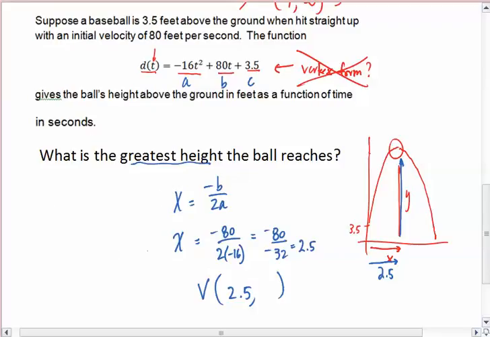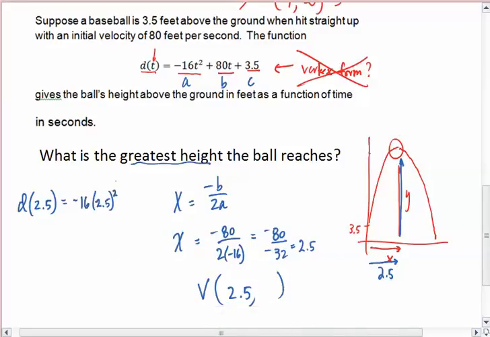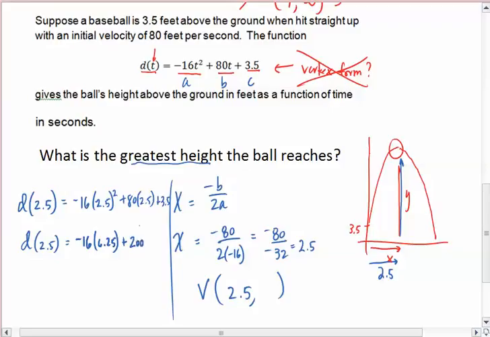How in the world would I find the y-coordinate? All I have to do is dump in that 2.5 seconds, right? Dump it in to the value of t. So let's dump it into the original equation. 2.5 is going to go in for t. 80 times 2.5. Let's see what we get. Okay, so we get negative 16, and that's going to be 6.25 plus, and this right here is going to be 200, 80 times 2.5, and then there's the plus 3.5.